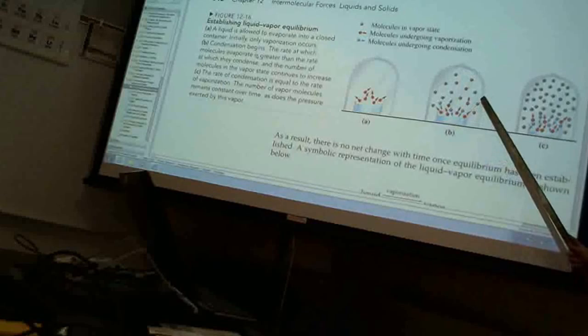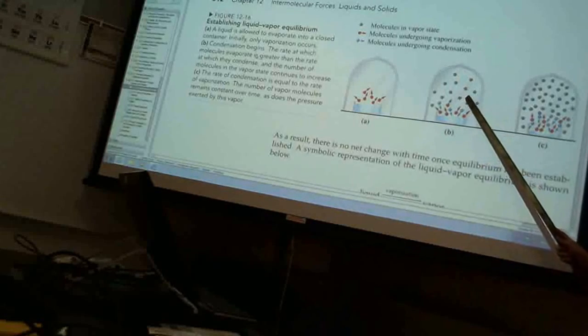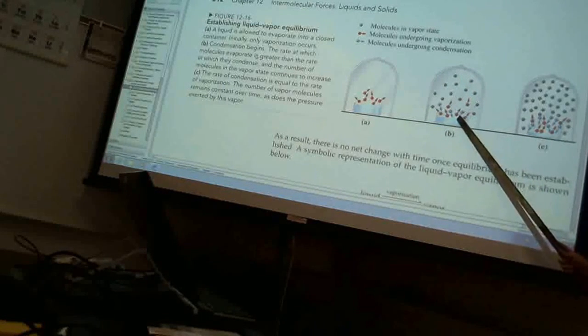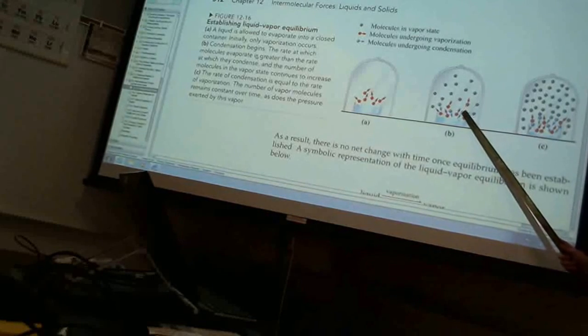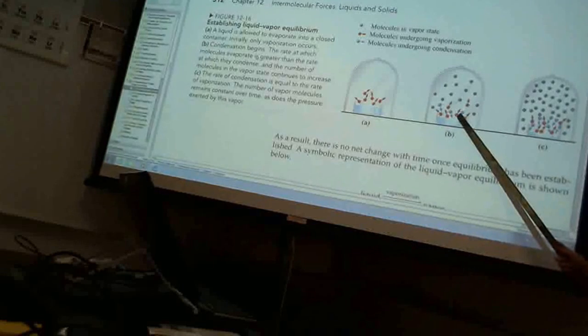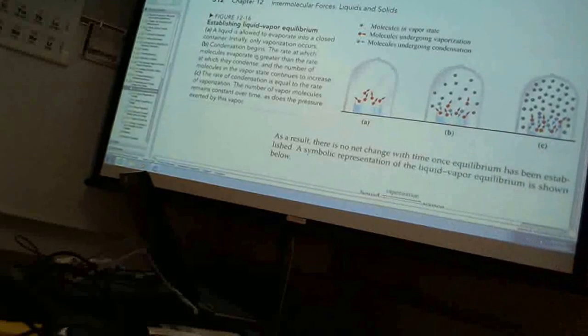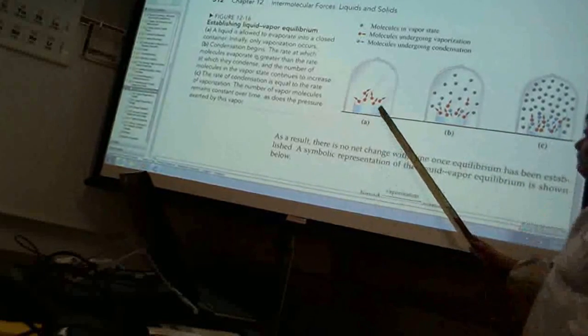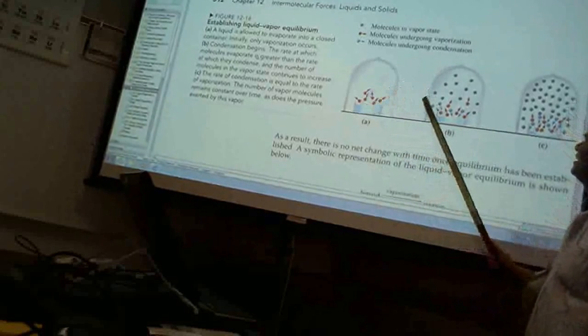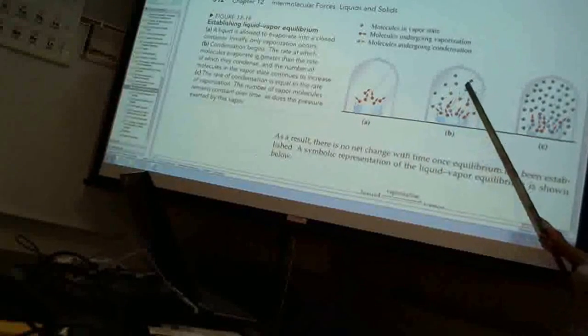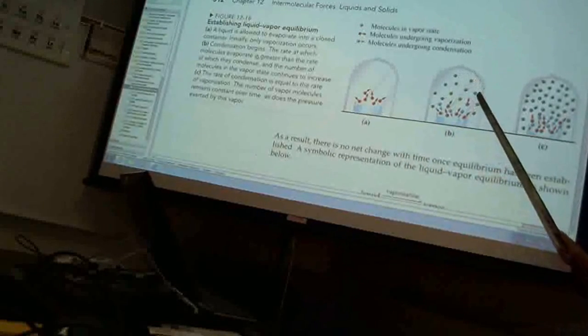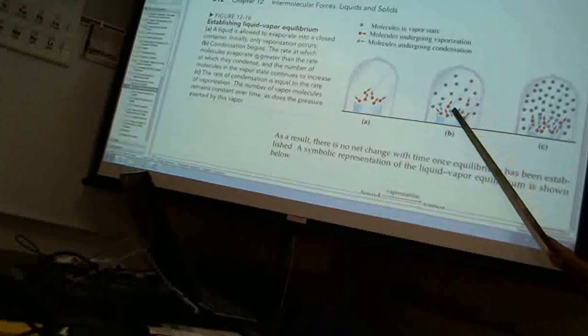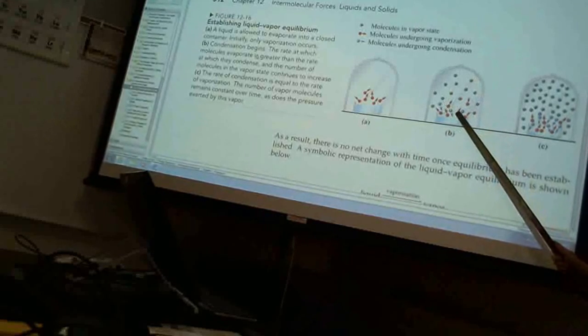But at the same time, some of these molecules in the gaseous phase might come back and strike the surface. If they strike the surface, they could stick due to the intermolecular forces of attraction. The ones that come back and stick, it's called condensation. Normally we have evaporation occur, and as the vapor pressure of the gas builds up, the condensation rate increases.